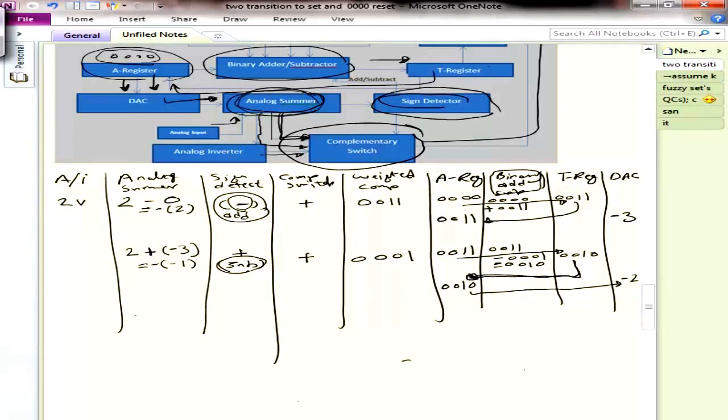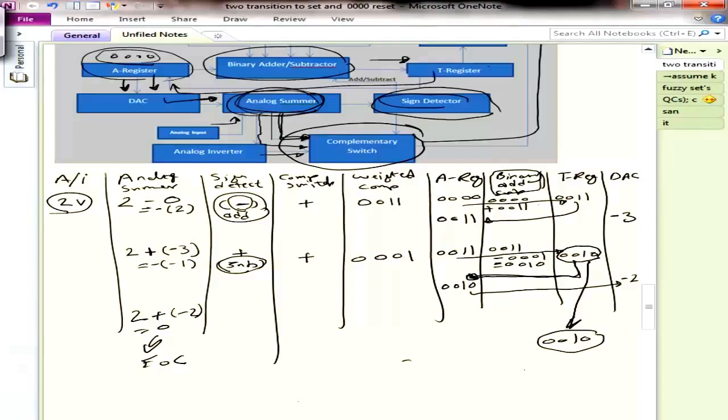So the analog summer takes the input, which is 2 plus -2, equal to 0, which indicates the end of conversion. So the output in the T register is the output of the converter, which corresponds to 2 volts: 0010.